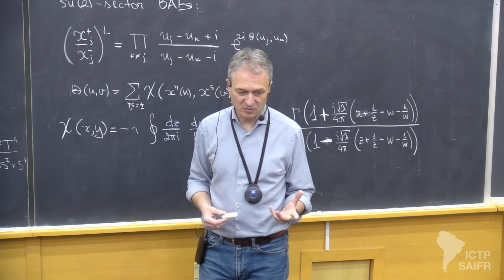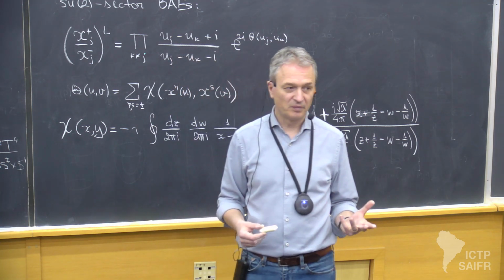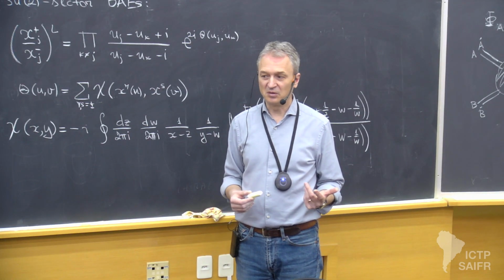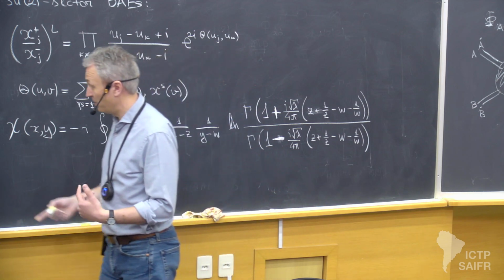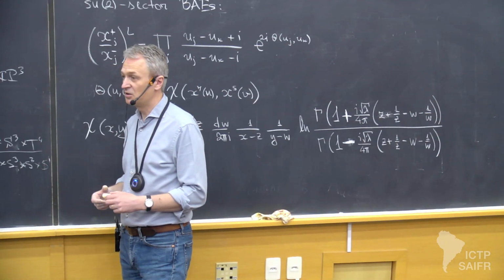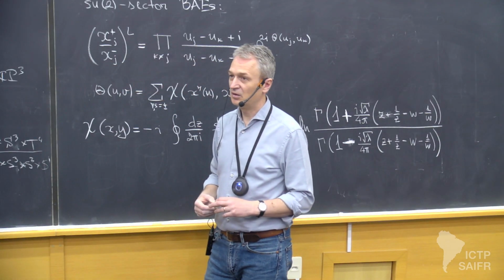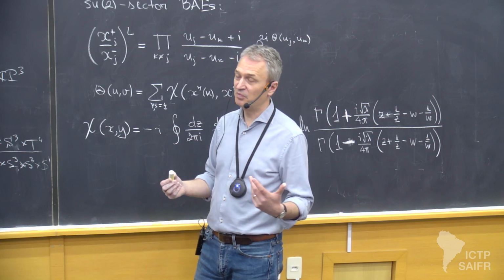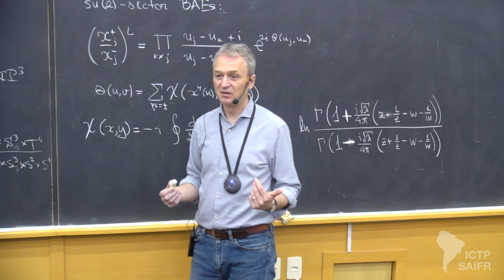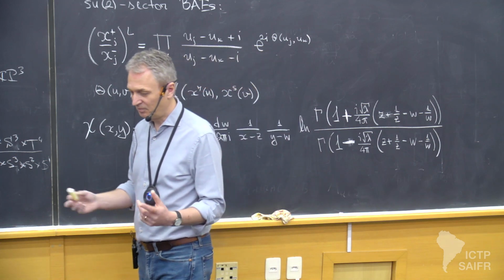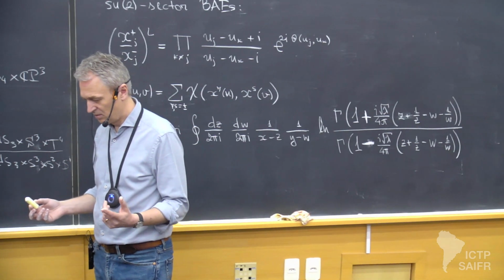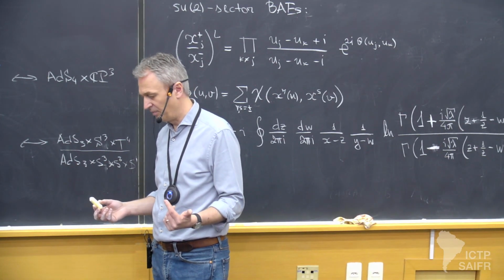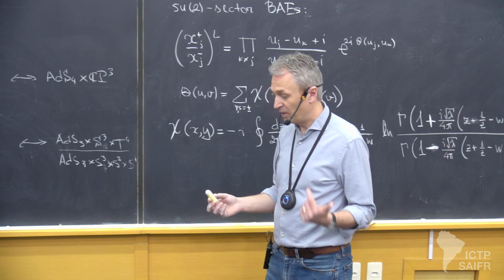There are examples where supersymmetry is broken, but basically the way to break supersymmetry while preserving integrability is by imposing boundary conditions on the string. There are ways to systematically deform boundary conditions on the string.